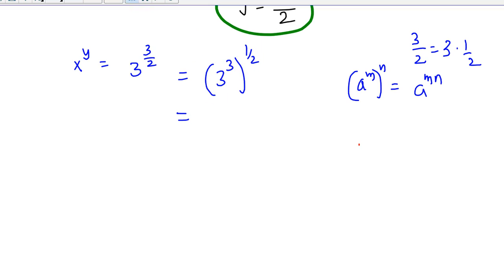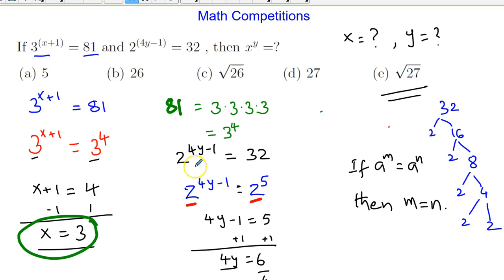Now this 3 cubed is how much? 3 is multiplied 3 times to give 27. 27 to the power of 1/2. If the exponent is 1/2, it is nothing but the square root. So this changes to square root of 27. Hence x to the power of y is equal to square root of 27.